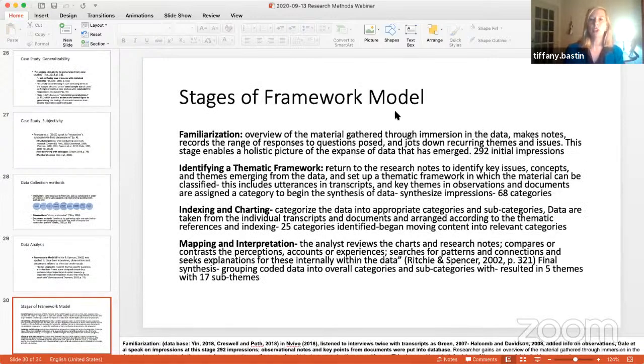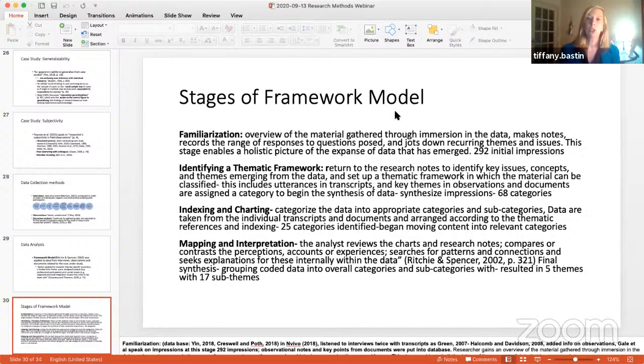So there are stages that were followed during the framework, and I won't read all of the examples or the details, but I'll tell you a little bit about each. So in the familiarization phase, you take all of the information that you gathered and you read through, you make your observations, you create notes, and it's to give you kind of an overall big picture of what was being said.